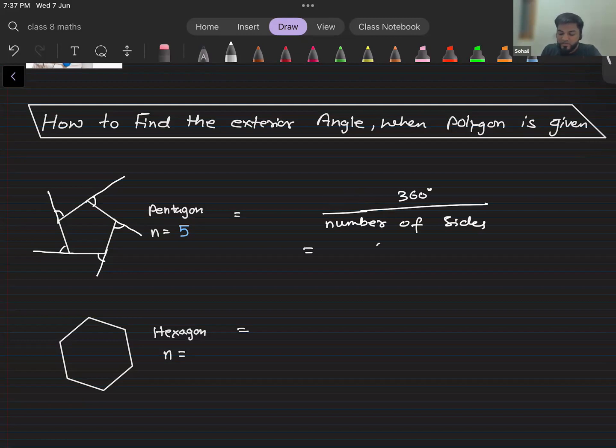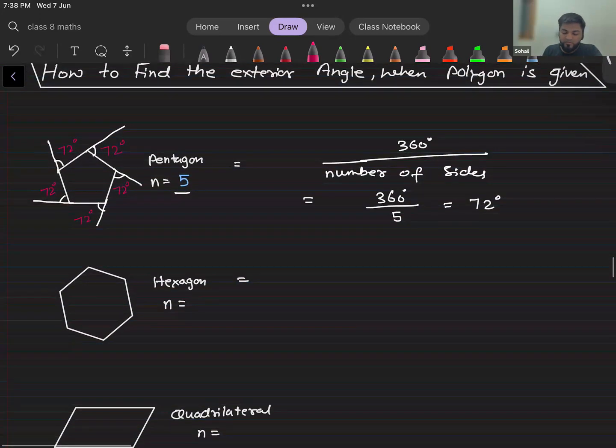So 360 degree, and the number of sides here is 5, so we put this 5 in the denominator. 360 upon 5 gives you 72 degree. Hence each exterior angle in this pentagon is 72 degree. Right, guys? Sir. Yes. So that's how we find the exterior angles when you are provided with the polygon.